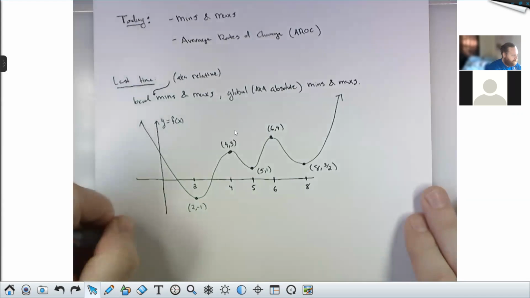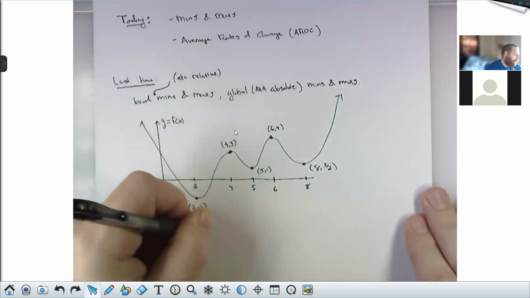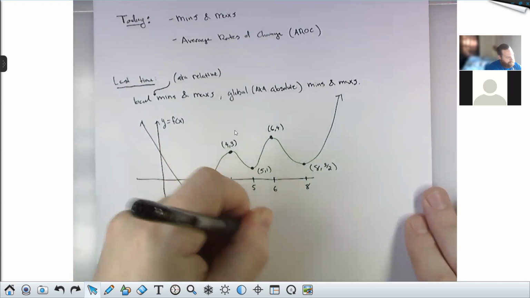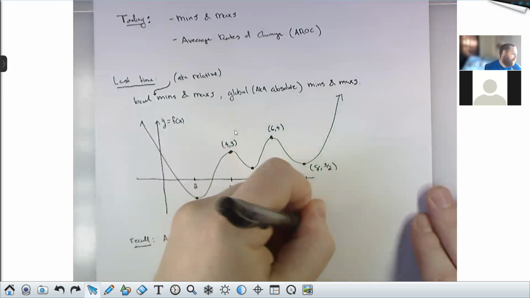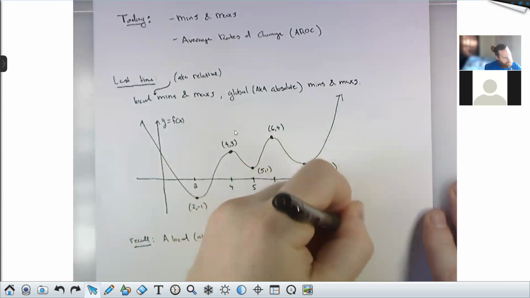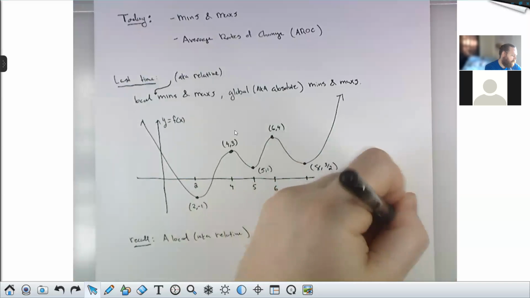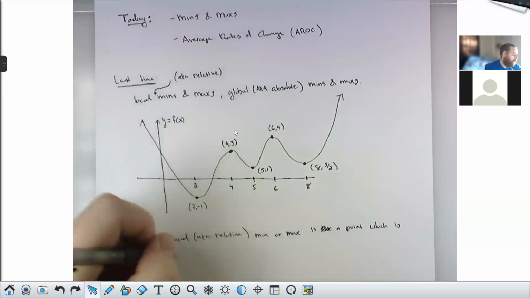So recall a local, aka relative, min or max is a point which is lower or taller, right?